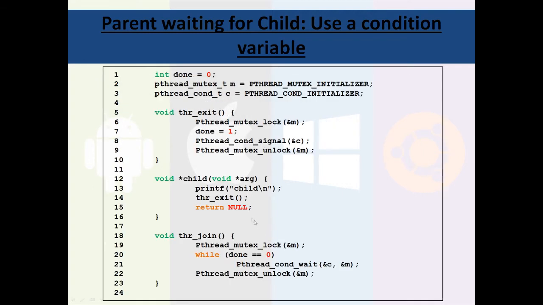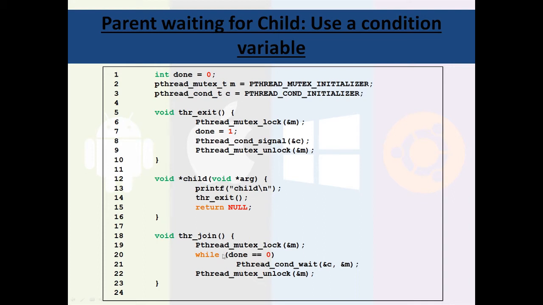So once again here inside thread exit, we update that done variable equal to 1, indicating that we're going to use this variable to indicate that we are done. And then it does thread conditional variable signal here, the signal function, was C. So it's actually signaling this conditional variable C. And that process basically wakes this thread back up.